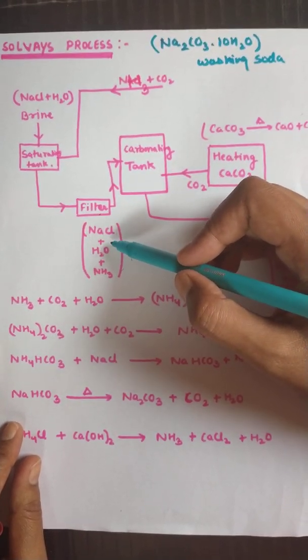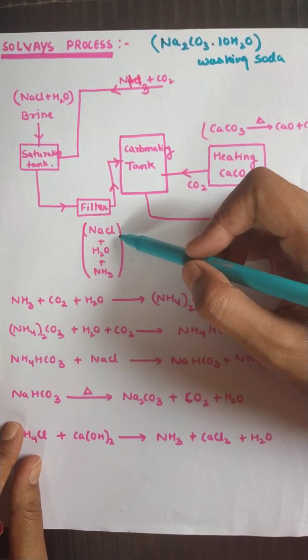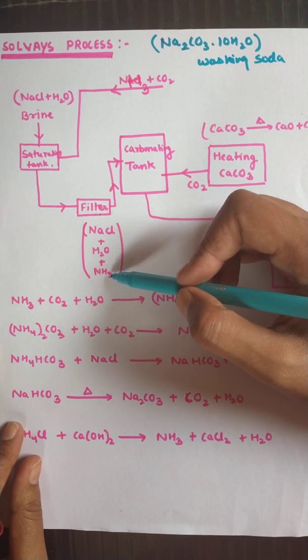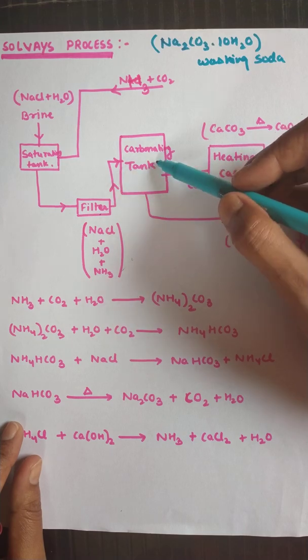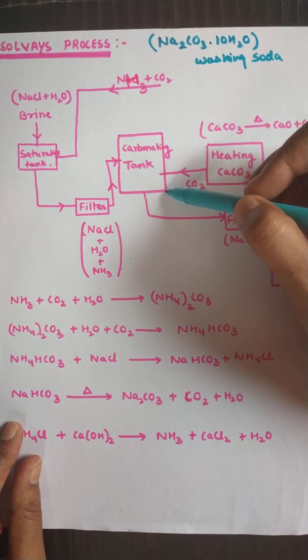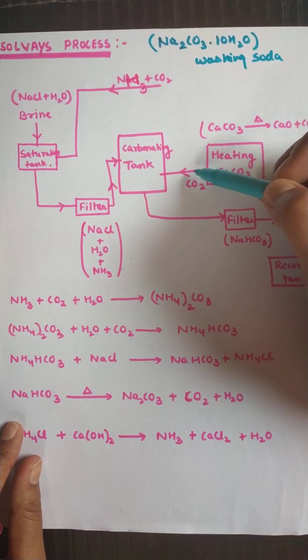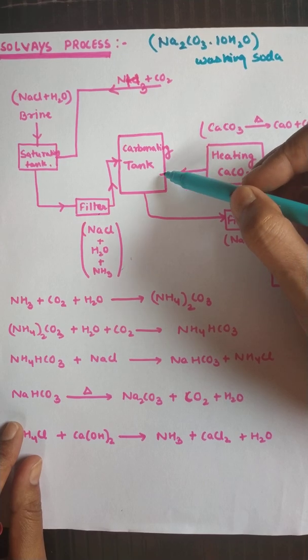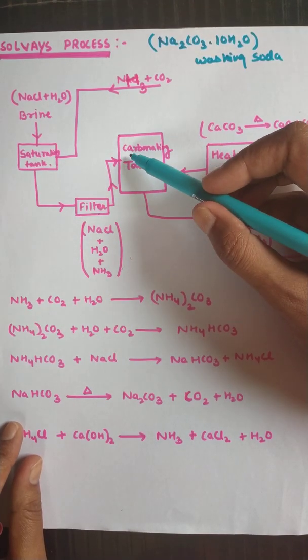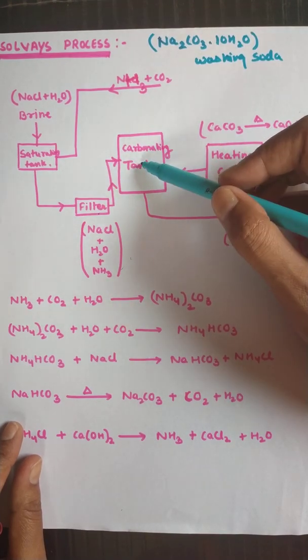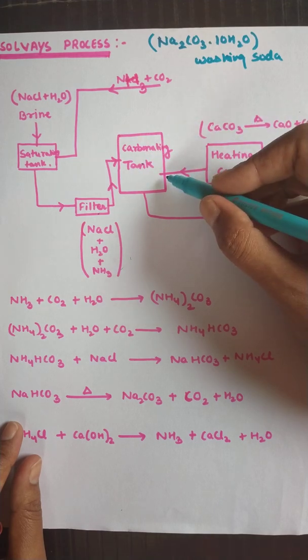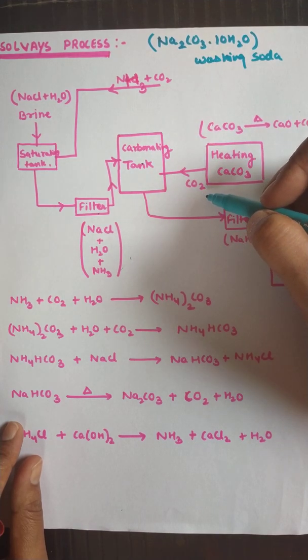Now this ammonia, NaCl and water are passed to a carbonating tank. Through this carbonating tank, carbon dioxide gas is also passed.